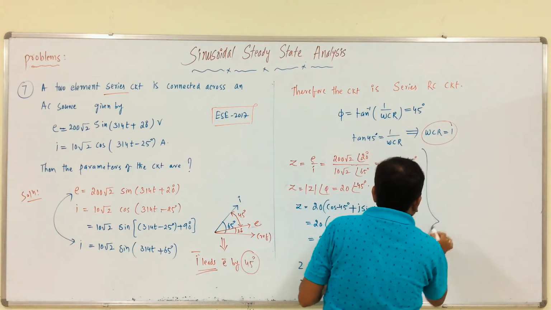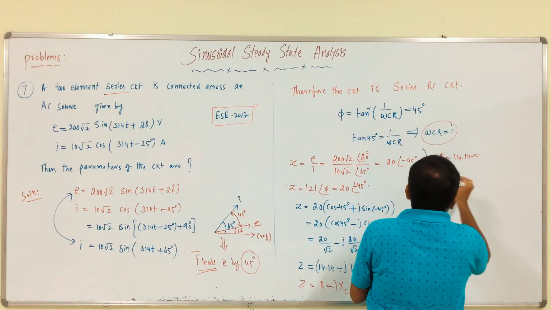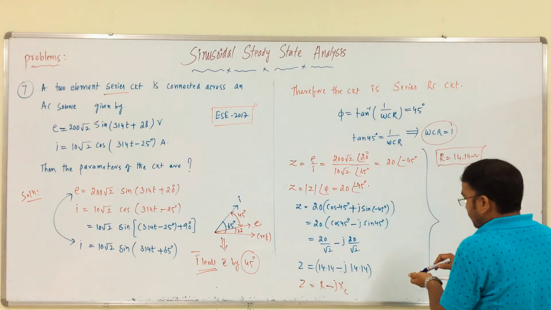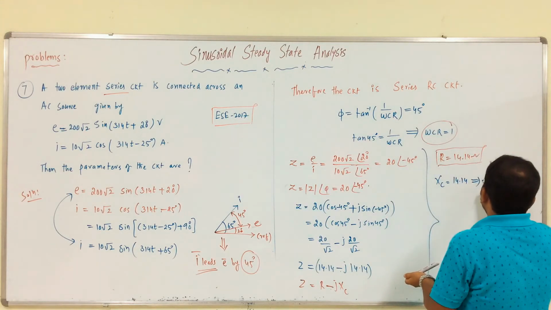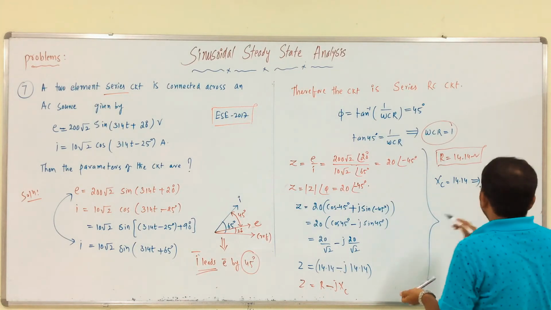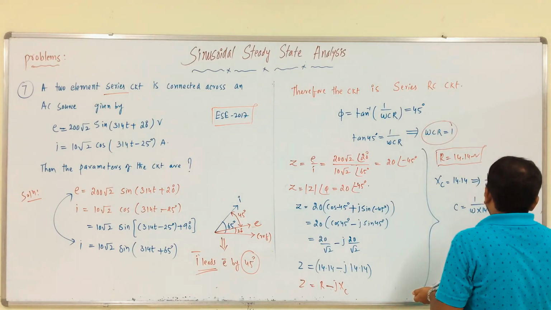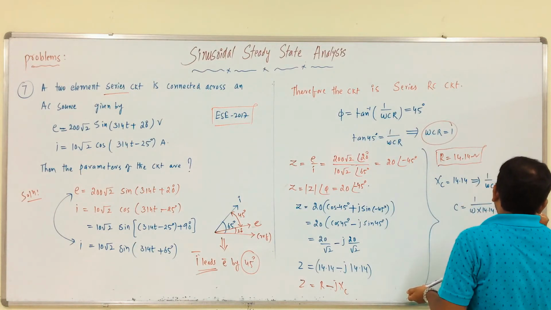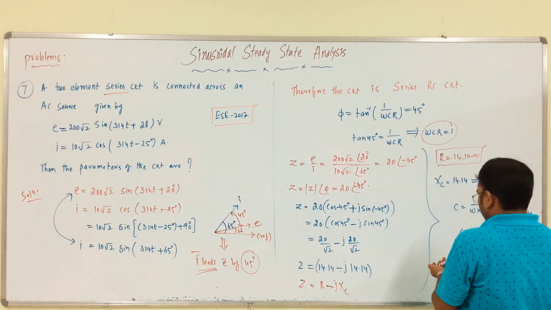So from this analysis, R is equal to 14.14 ohms, and XC is 14.14, which is equal to 1 by omega C. From this we calculate C: C is equal to 1 by omega into 14.14, where omega is 314, so C equals 225 microfarad.